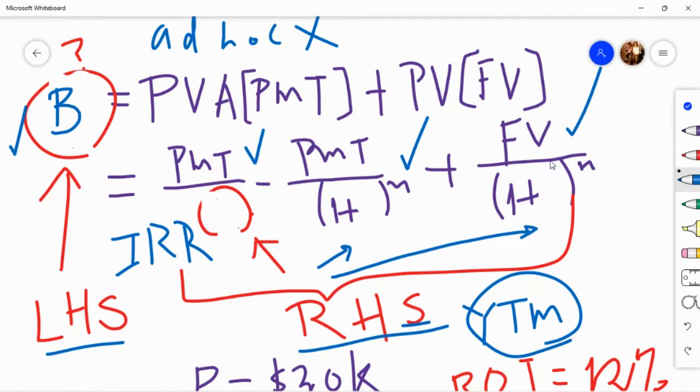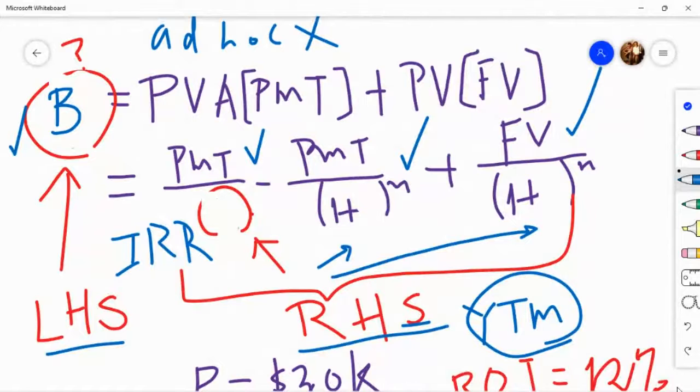What other cash flow can be generated from this bond? There are only two types: coupon interest, and at the end, the face value, right? To find the left-hand side, everything in the right-hand side must be known.